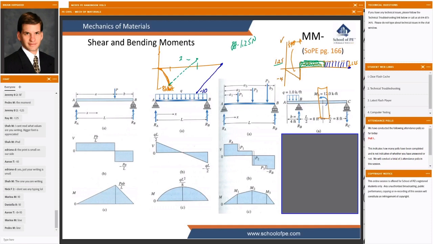So what is it that happens exactly at the 12-foot mark? A discontinuity that takes us from 2 to -10 due to that applied moment. So that applied moment is effectively a point discontinuity on our moment diagram. And it takes us from 2 down to -10 because it has a value of 12.